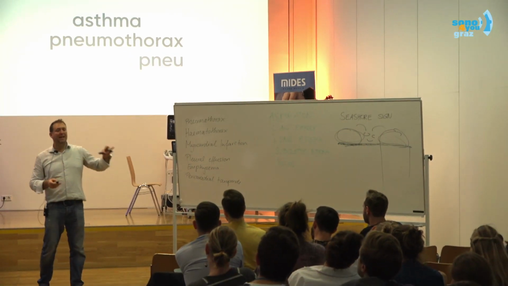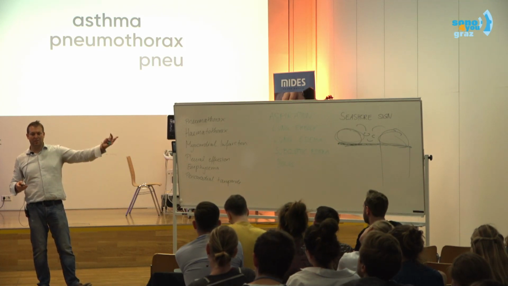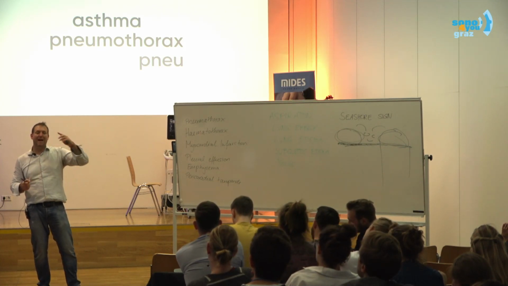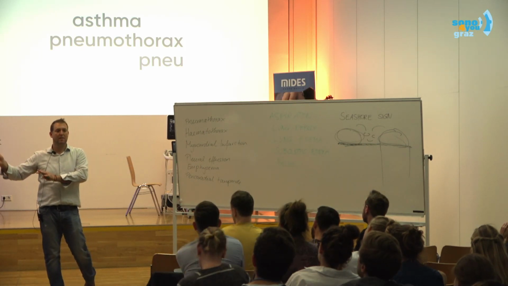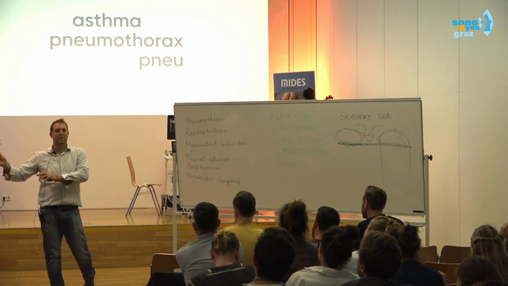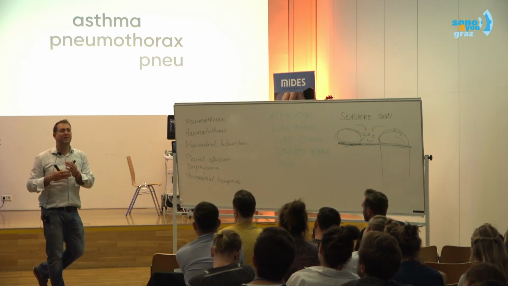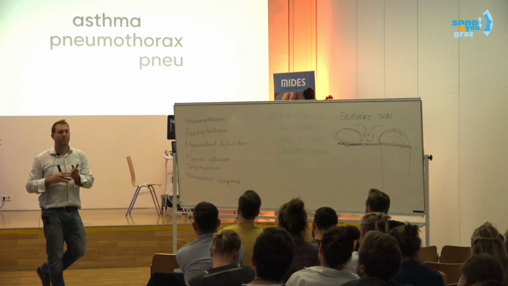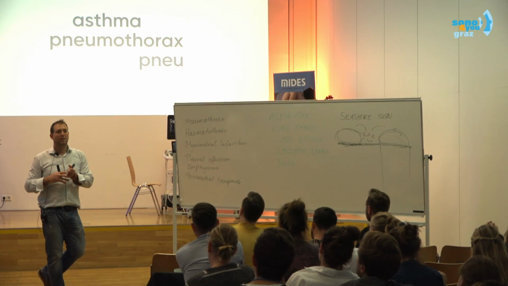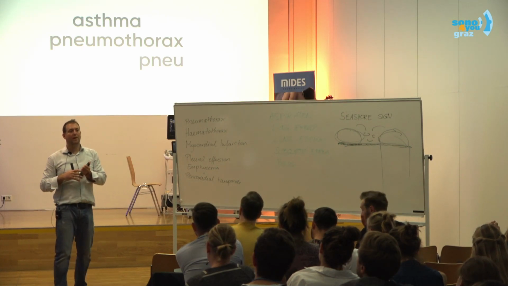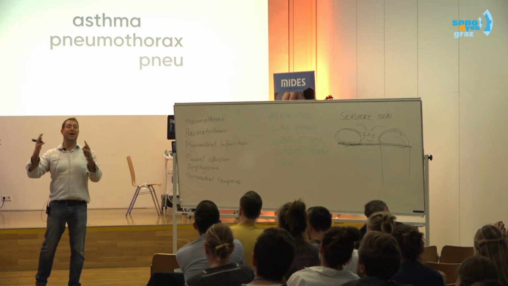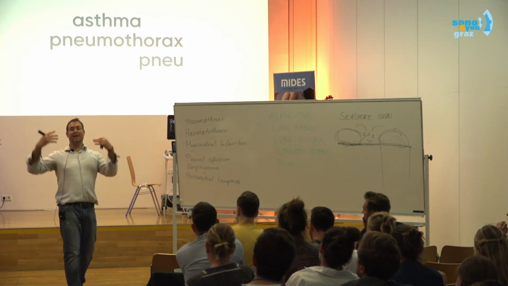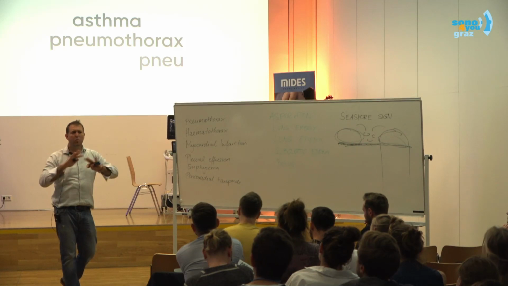But definitely in COPD exacerbation patients, do we expect A lines or do we expect B lines? What is the problem with COPD exacerbation? Is the problem that there's too much water or that there is actually too much air? Too much air, they cannot exhale. They have no problem with water.